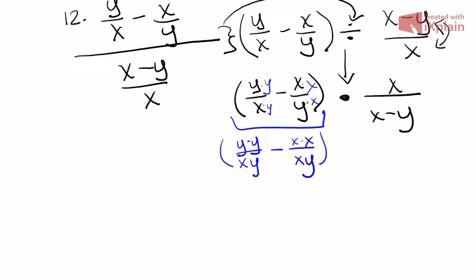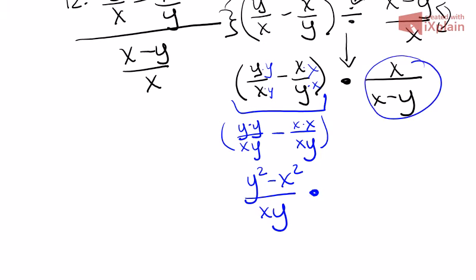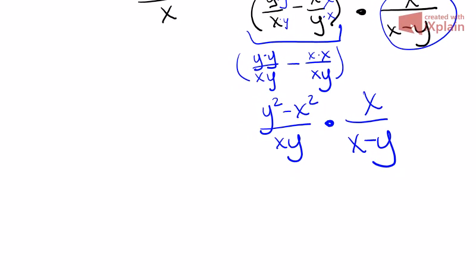Okay? That becomes y squared minus x squared over xy. Times this guy, so x over x minus y. Now I do need to double check that I can simplify this because it is a difference of squares.